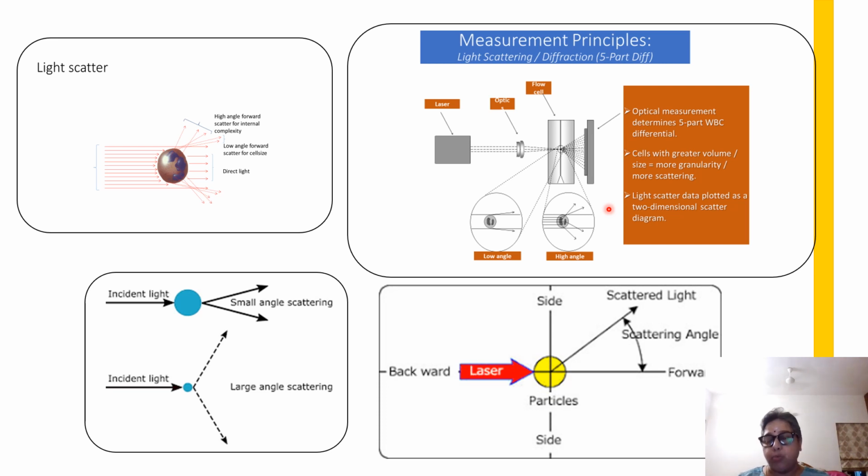A cell that is smaller, which has less cellular content, which is less complex, will get scattered to a lesser degree, and therefore they can be differentiated. And this light scatter will be plotted in a two-dimensional scatter diagram. And that is the diagram that we will see on our cell counters.